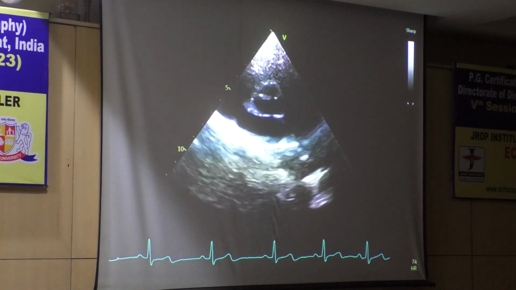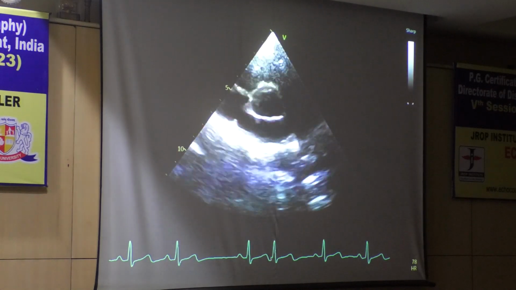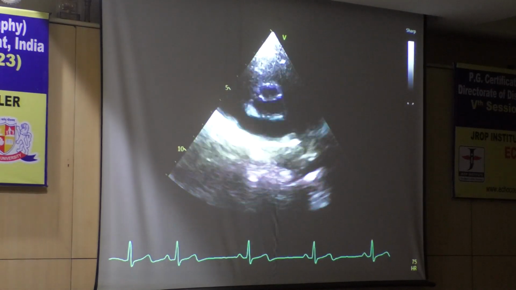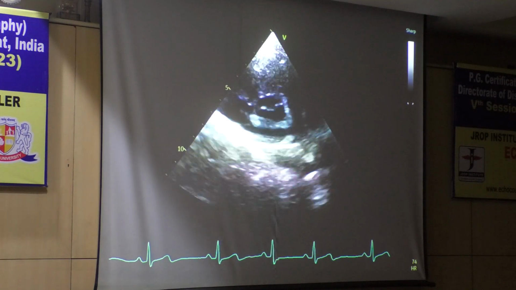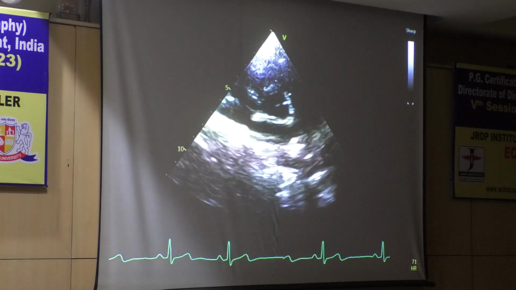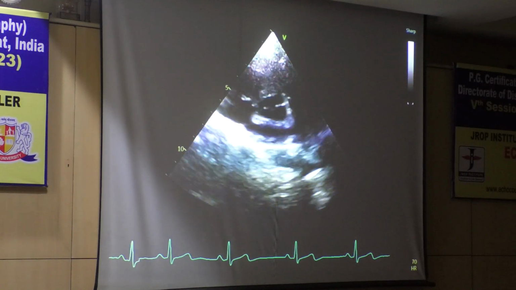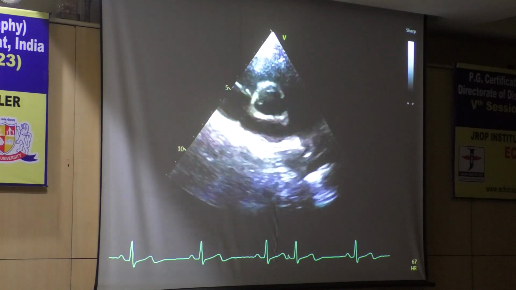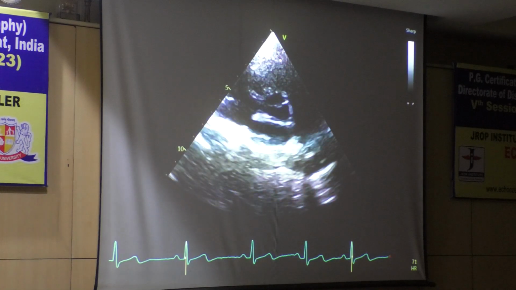And if you see two structures lying close to each other, like two rounded structures close to each other, always think that something else is happening. I'll not say always TGA, something more can be happening with these two structures. So that's how we identify the situs, atria, ventricles, then tricuspid and mitral valves, and finally the great vessels.